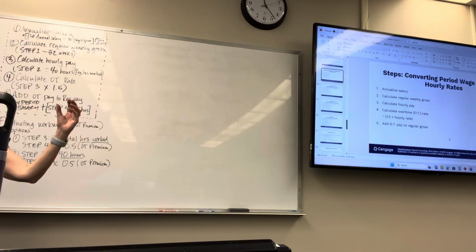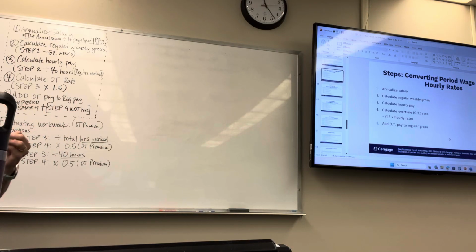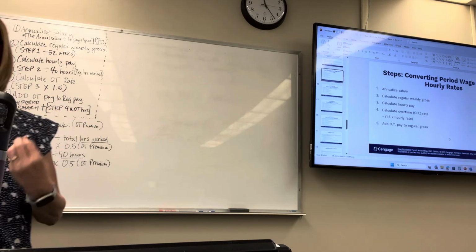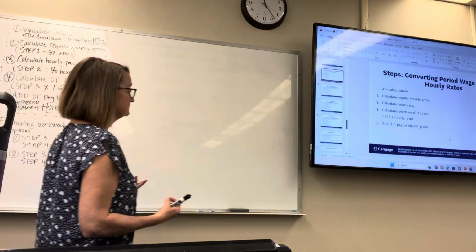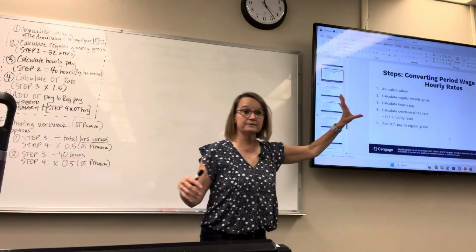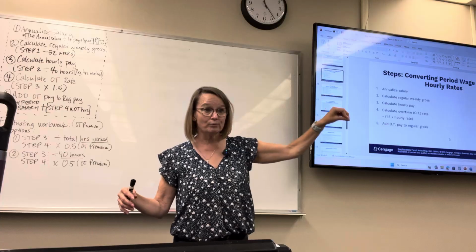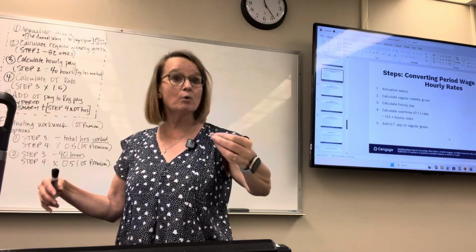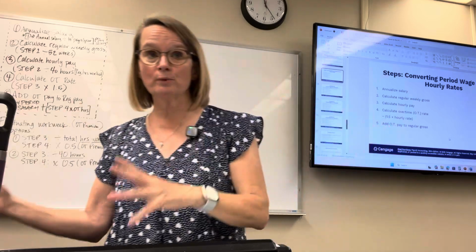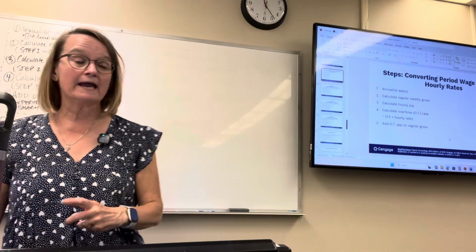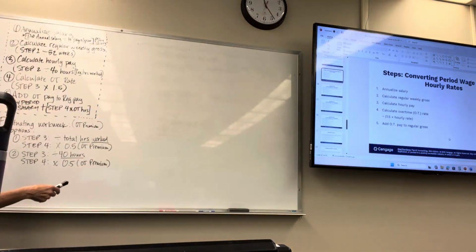We're just going to multiply that regular hourly rate by 1.5 to get what their overtime rate is. We'll then multiply the overtime rate times the number of overtime hours that they worked, and then add that total to what their regular salary is. Okay, so that's what these steps are up here.